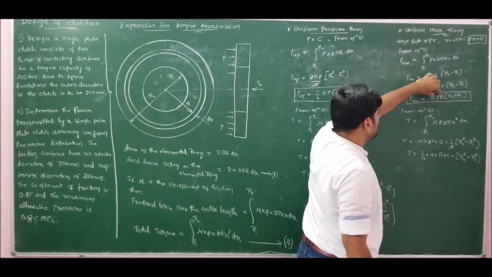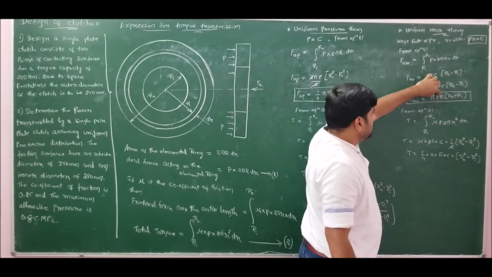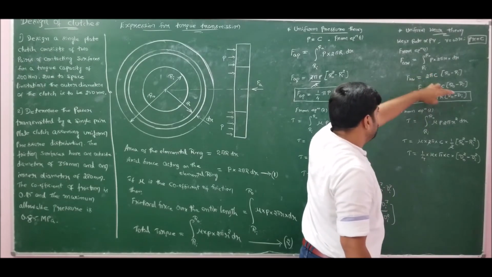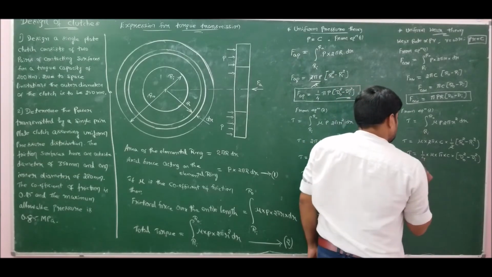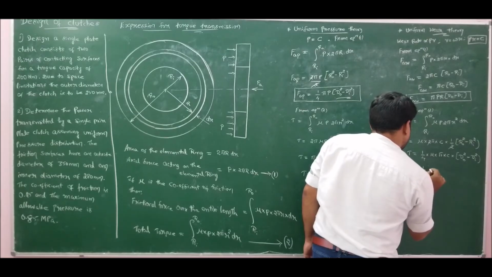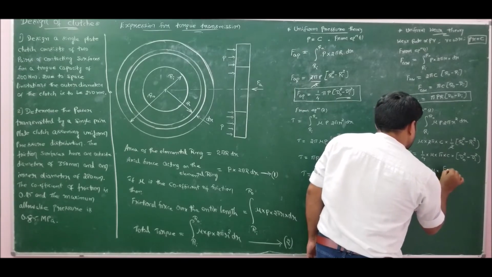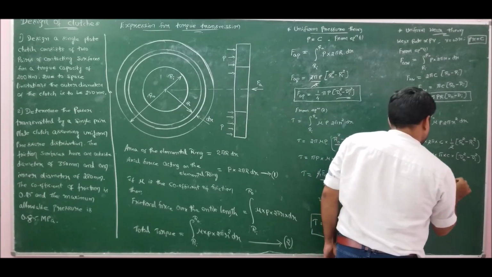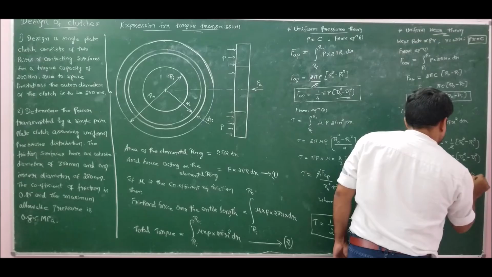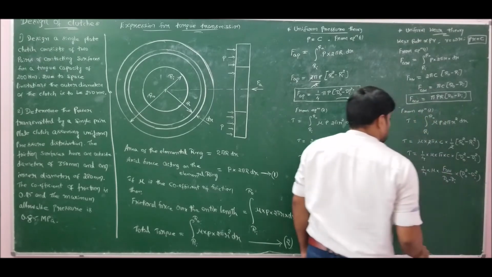Pi times c is nothing but the pressure times radius product, so if I substitute for pi times c, it is FAW by d naught minus di. Hence, total torque will be 1 by 4 into mu into FAW by d naught minus di into d naught square minus di square.